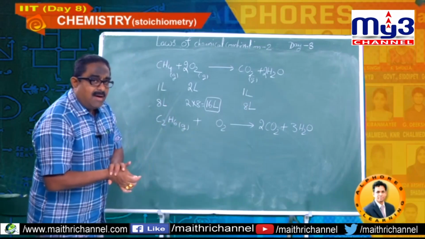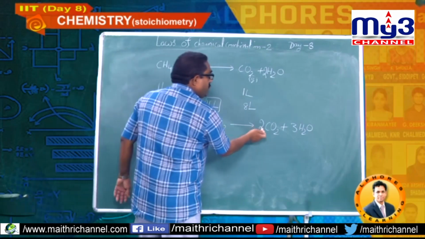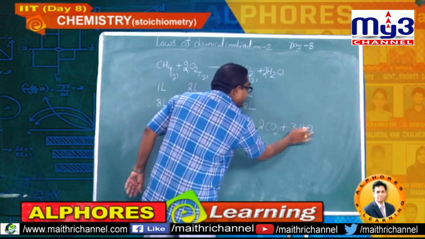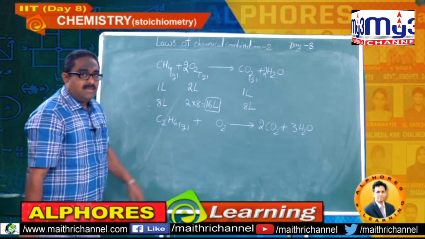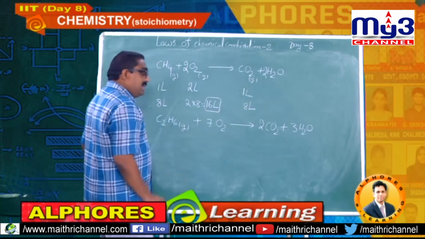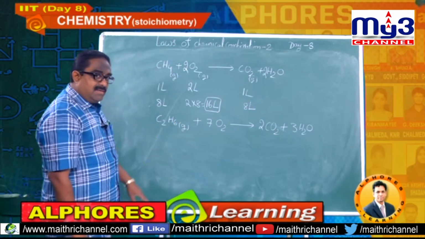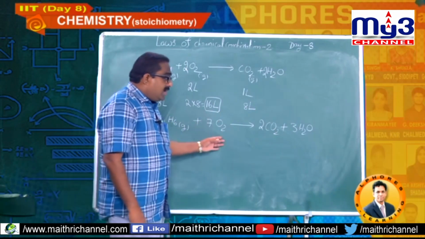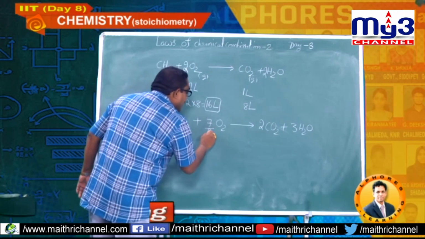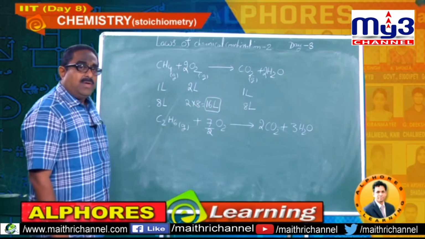Now balance the oxygens: 2 into 2, 4 plus 3, 7. Total 7 oxygens. What mistake will students make? They will write 7 here. Now count the oxygens on both sides: this is 14, this is 7. So here you should write 7 by 2.